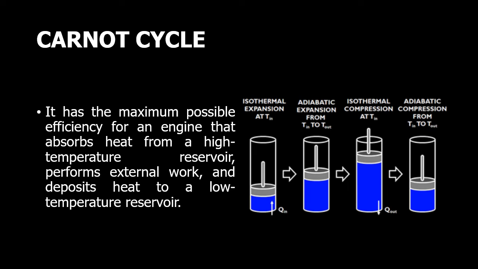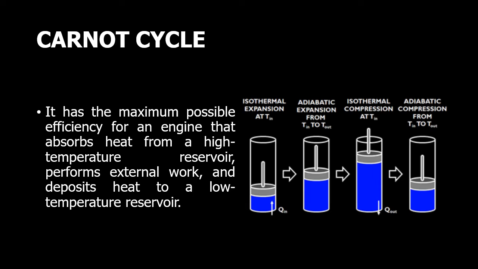A Carnot engine is an ideal engine. In principle, it has the maximum possible efficiency for an engine that absorbs heat from a high-temperature reservoir, performs external work, and deposits heat to a low-temperature reservoir. However, engines that undergo the Carnot cycle are non-existent because an efficiency of 100% can only be attained when reversible processes are used.